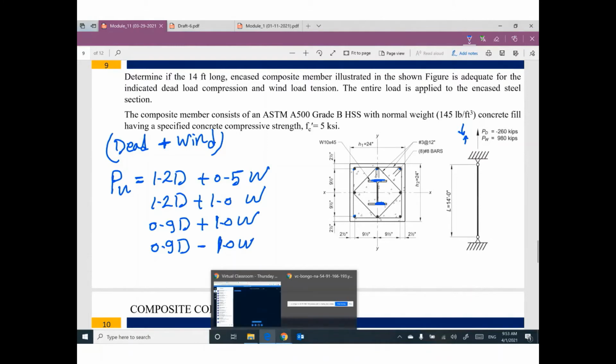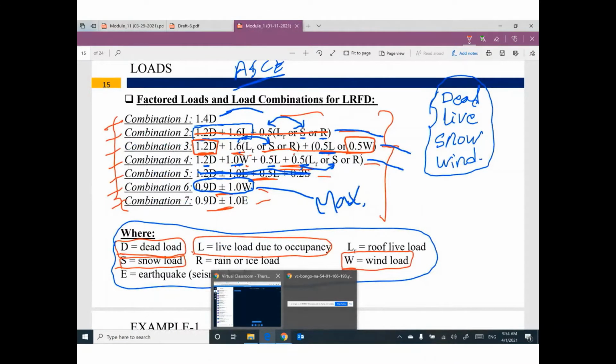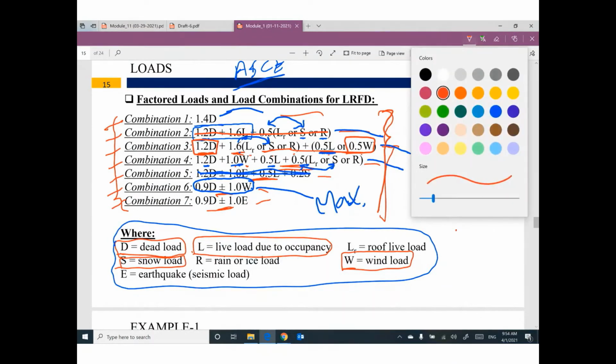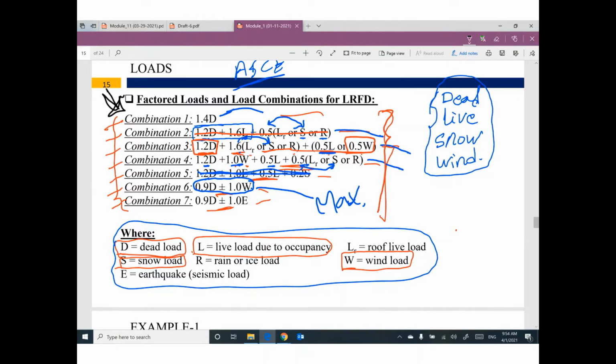Anybody has any question for this one? So I went back to module number 1. We have different load combinations. By the way, one of the questions in my PE exam last October was based on these load combinations.